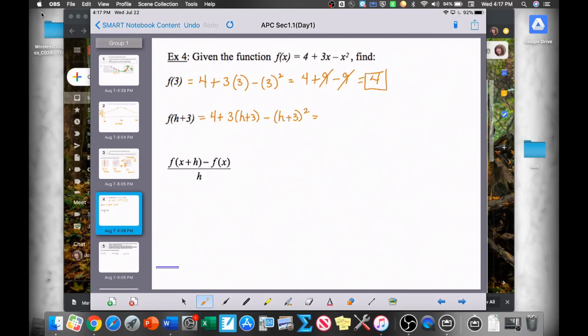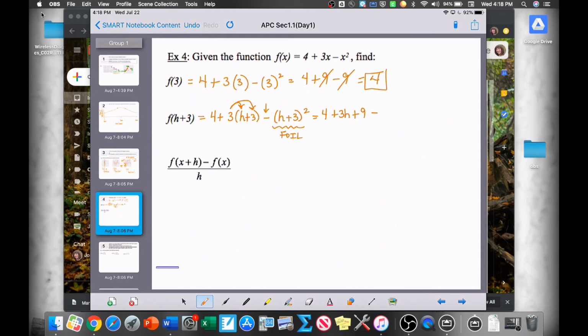Okay, and then simplifying from left to right, we have 4 plus, now right here, this 3 has to get distributed to the h and to the 3. So we're going to have 3h plus 9. All right, now be careful right here. Remember that this is a FOIL, not a sprinkle. So we're going to have this minus sign in front, which is this minus sign right here.